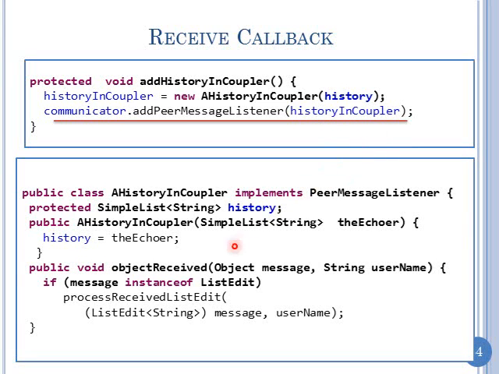And this is the method. Object received is the method that is called back in this listener, and it has the message and it has the user who sent the message, just in case you want to use that information. Okay, and what does that do? Well, it processes that, and we know what to do with the list edit. We just have to go and update our model. That model will update our view; that's what happened in our architecture.